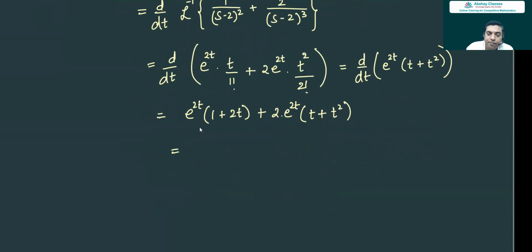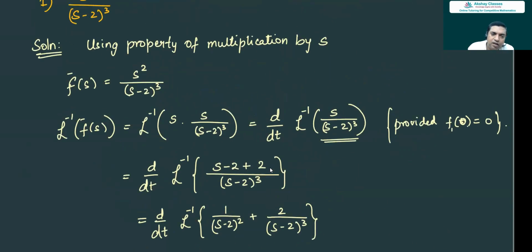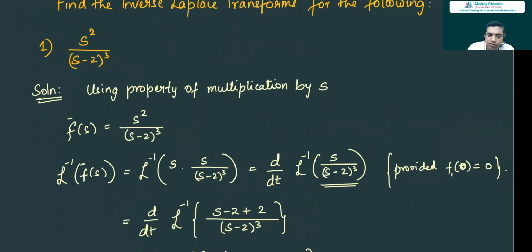So taking e power 2t common, we'll get 1 plus 2t plus 2t, 4t plus 2t square. So this is the Laplace inverse of the given function, which we can do using partial fractions for this one. It is not a difficult one. We can do it, but this is the easy route.